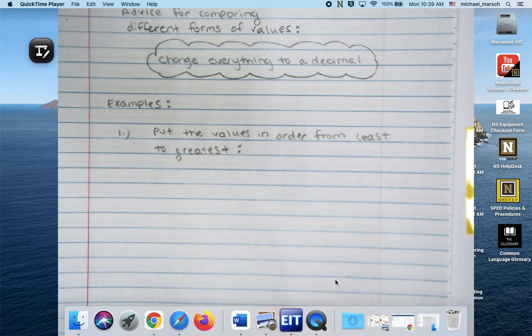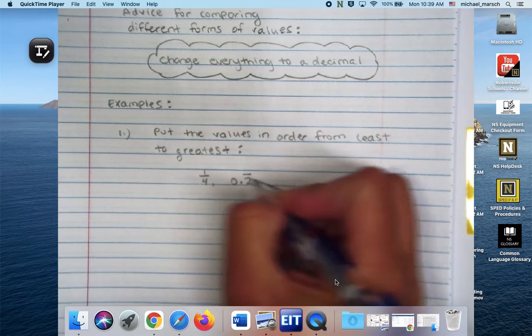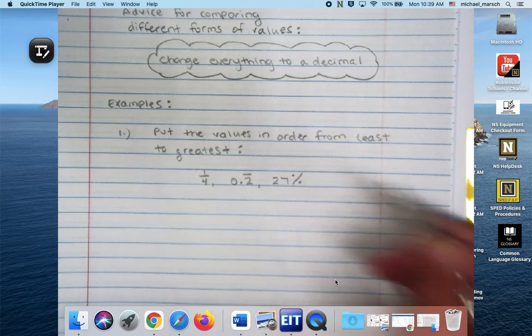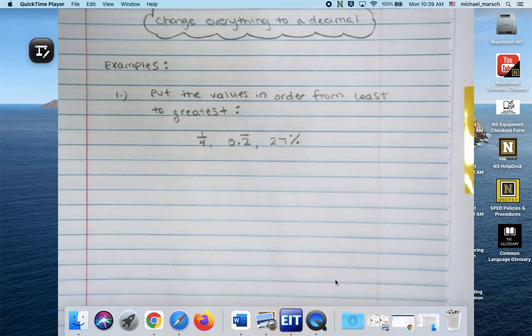You guys have been doing least to greatest since probably kindergarten, maybe first grade. I know this because I now see my children's work, and I know that that's something that they've been able to do, right? So I've got a fraction, I've got a decimal, I've got a percent. And I need to put them in order from least to greatest. Luckily, I have that beautiful conversions foldable that can tell me exactly how to do this.